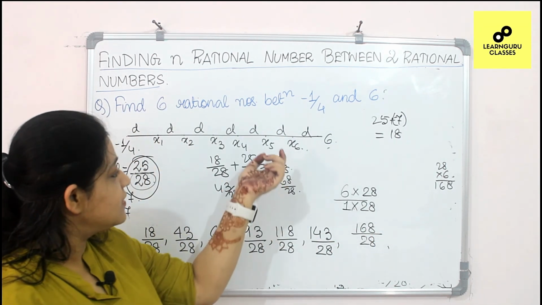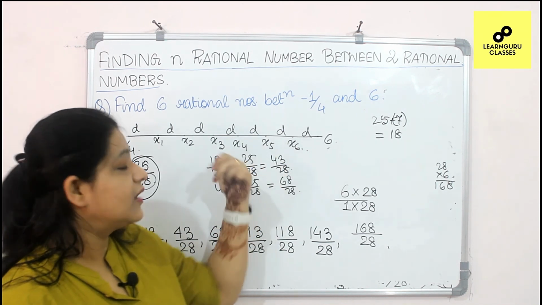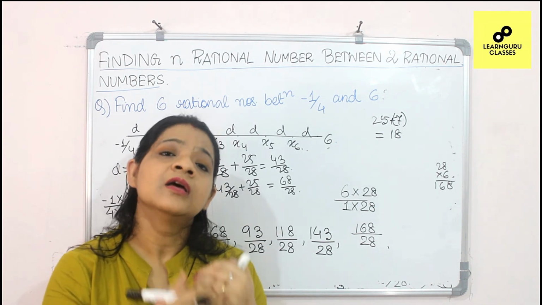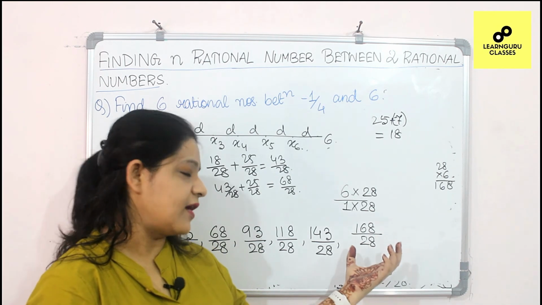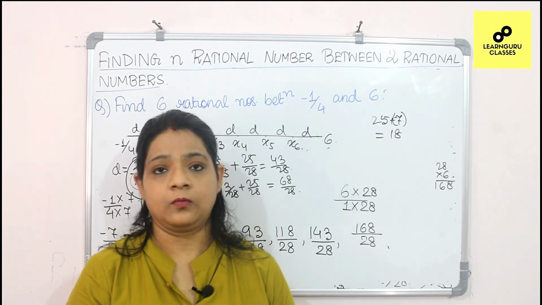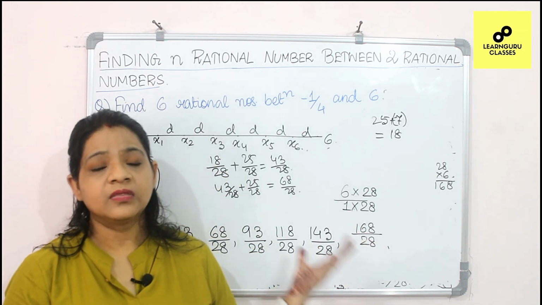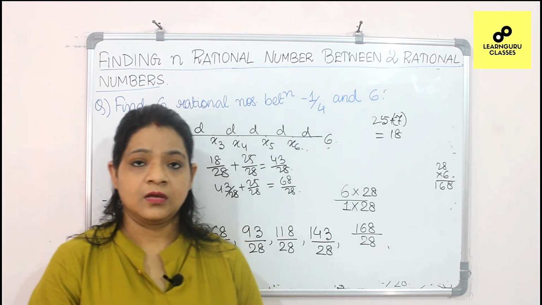Here the calculation is a little bit complicated because you are getting some number in the numerator. So you just add it and finally come to the final value. This is how you have to solve this type of sums.